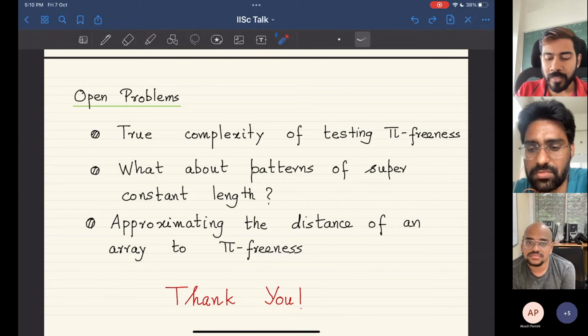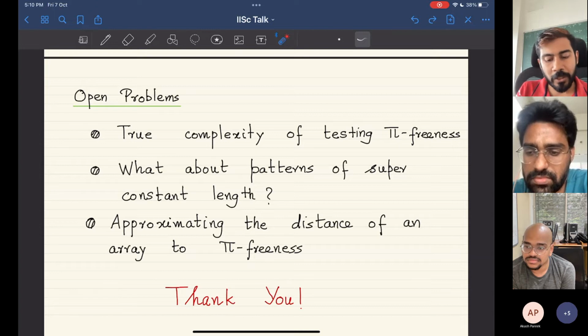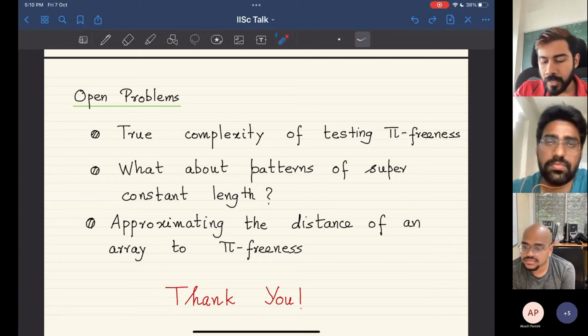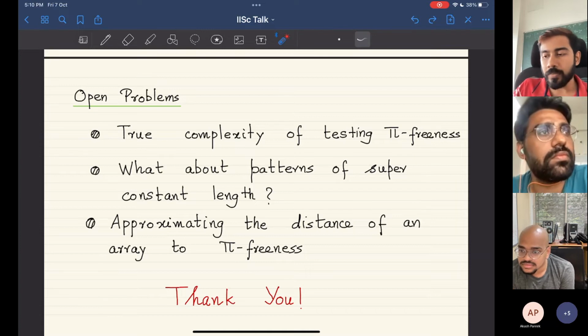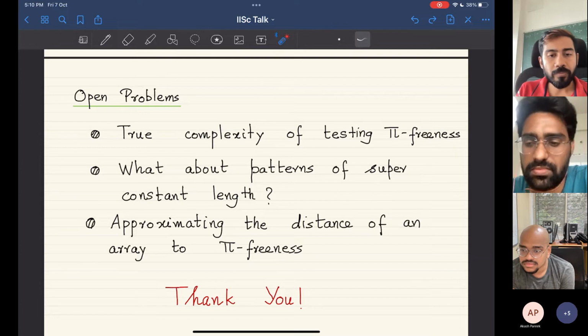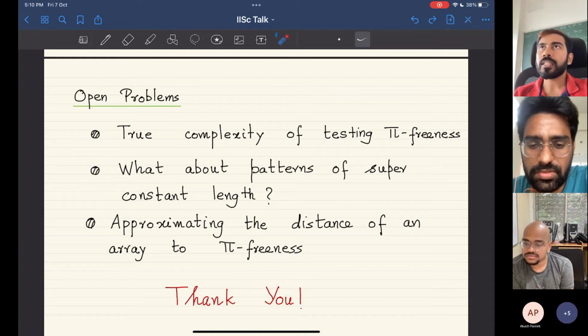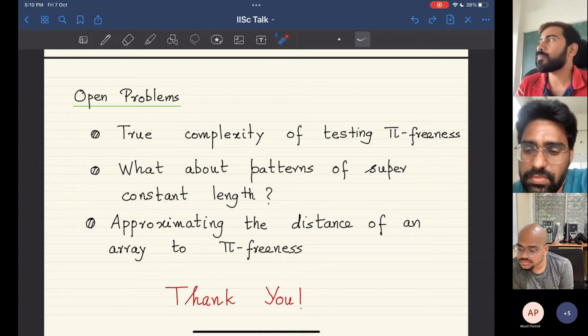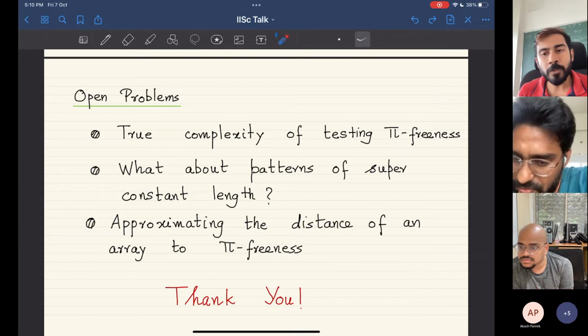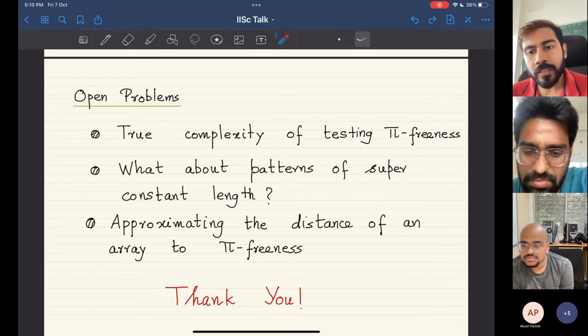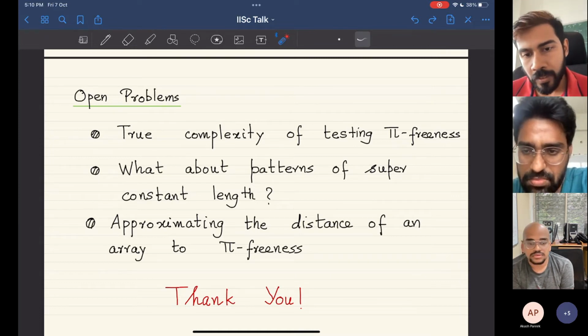So now one could ask if some similar argument would work for pattern freeness, but I don't know. So the short answer is one can study Lp distances, one can study edit distance maybe. But in combinatorial property testing, mostly it is Hamming distance that has been considered.